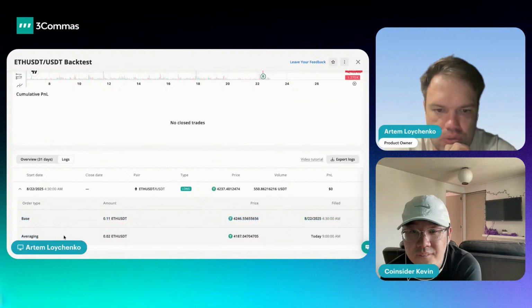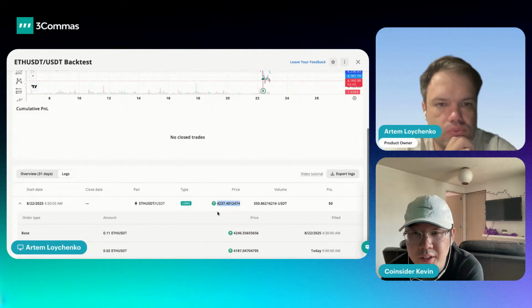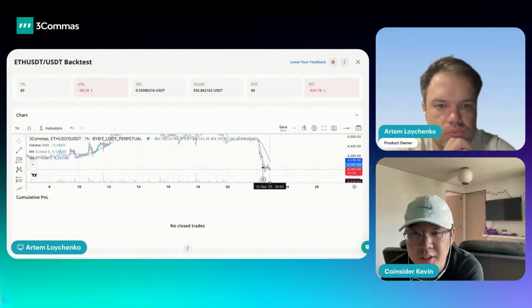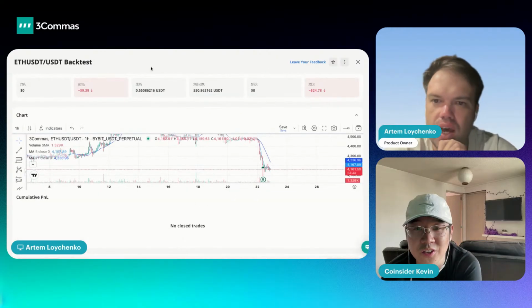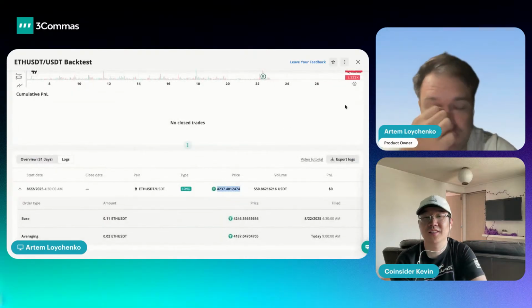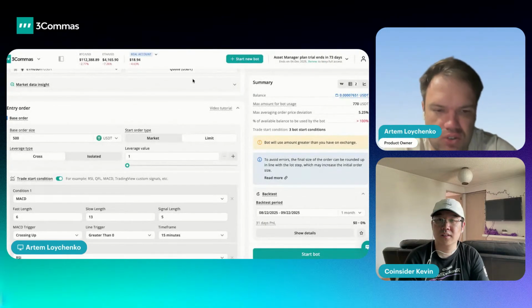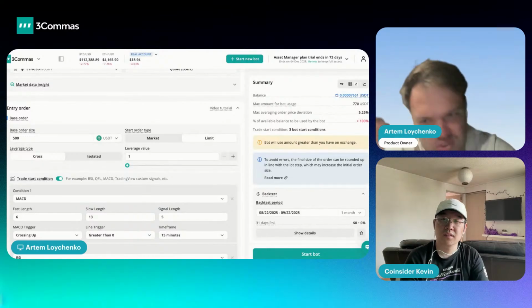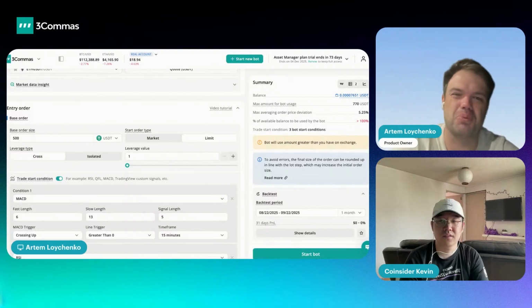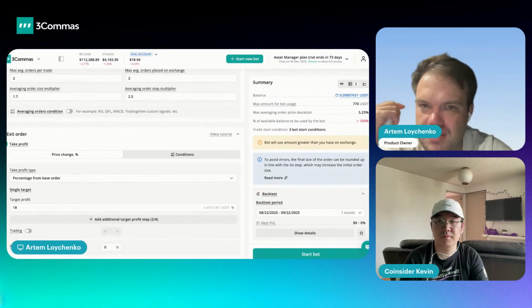Isn't your take profit and stop loss quite wide? Or was that on purpose? It is on purpose, actually. I would say that the stop loss is a bit wide because, well, generally the take profit should be twice as high as the stop loss. In this situation, it's not the case.